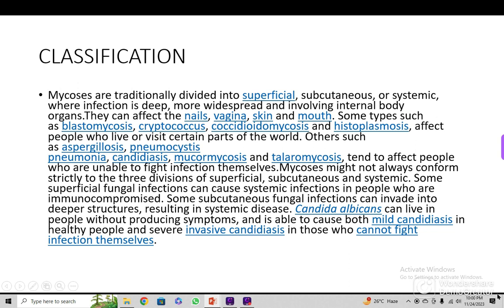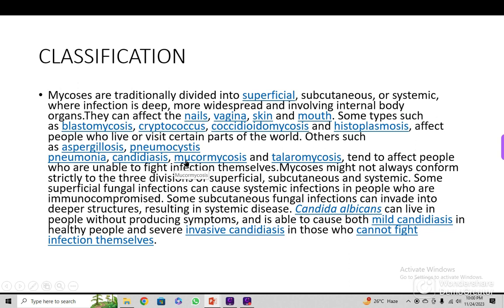Some types, such as blastomycosis, cryptococcosis, coccidioidomycosis, or histoplasmosis, affect people who live or visit certain parts of the world. Others, such as aspergillosis and pneumocystis. Now, pneumocystis is one organism which is very important in HIV infection.